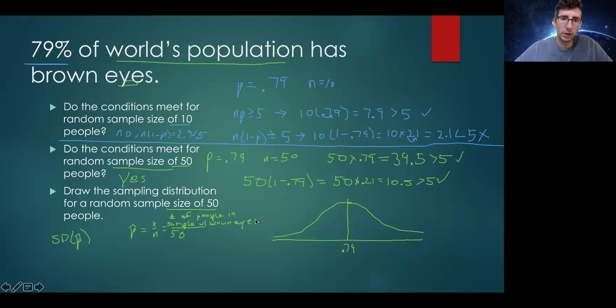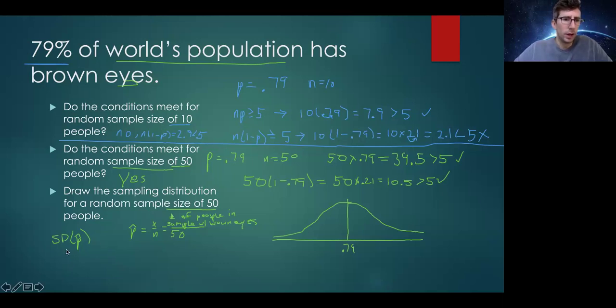So we're calculating a sample proportion for the number of people who have brown eyes out of the 50 people that we sample over and over again. So the average of all those sample proportions will be equal to 0.79, which is our starting population proportion.